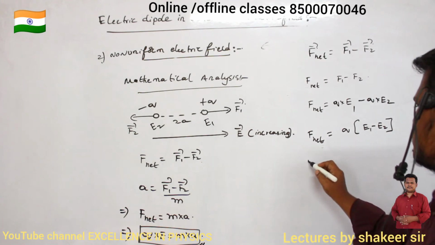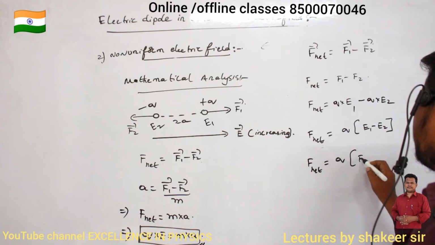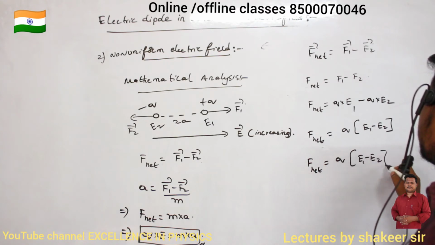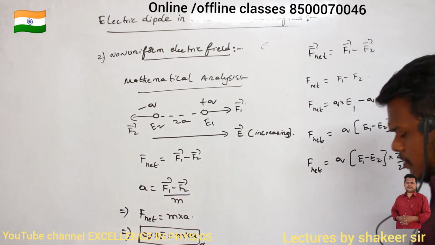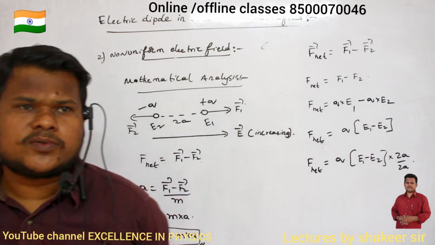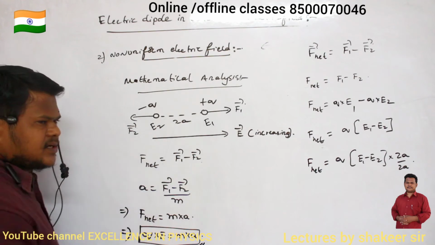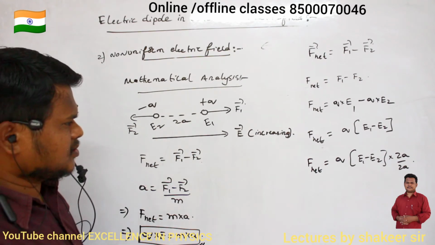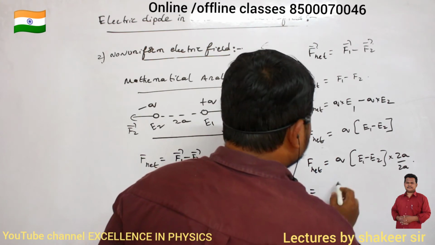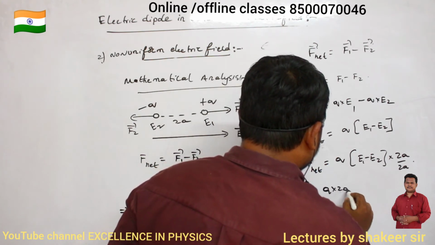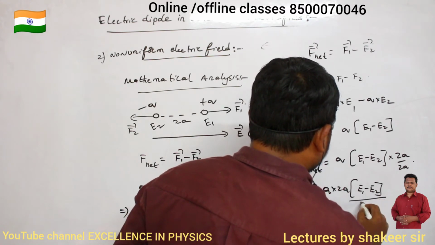Now further, what can I do? Q into (E1 minus E2), I will multiply and divide by 2a. What is meant by 2a here? 2a means the distance between these two charges of the dipole. So F net can also be written as Q into 2a, multiplied by (E1 minus E2) divided by 2a.